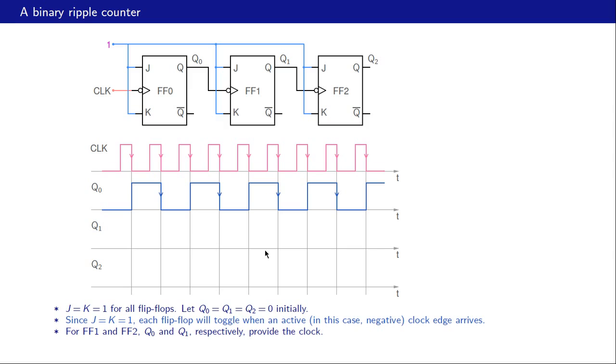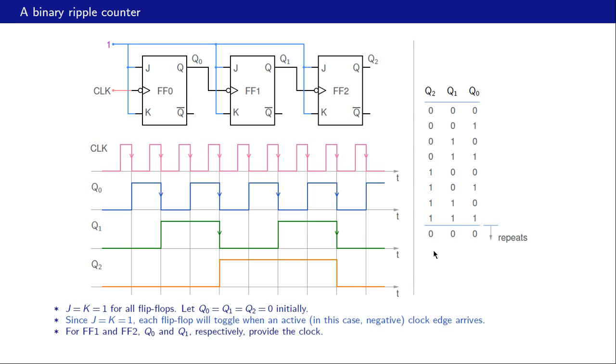So that is what Q1 looks like. What about Q2? Q1 serves as the clock for this flip-flop, and therefore an active edge for FF2 is this edge or this edge. So Q2, which is 0 in the beginning, is going to toggle here and is going to toggle here again, like that.